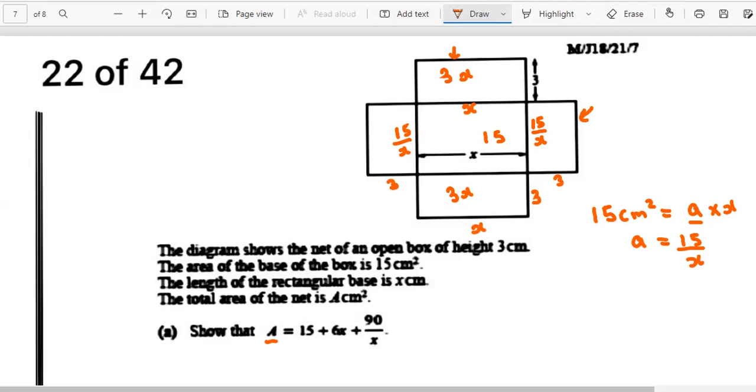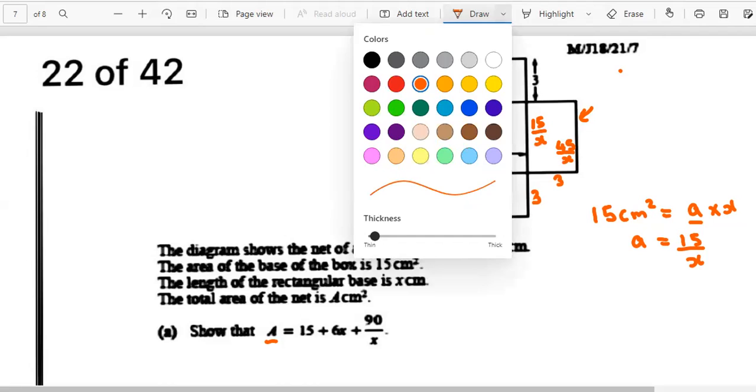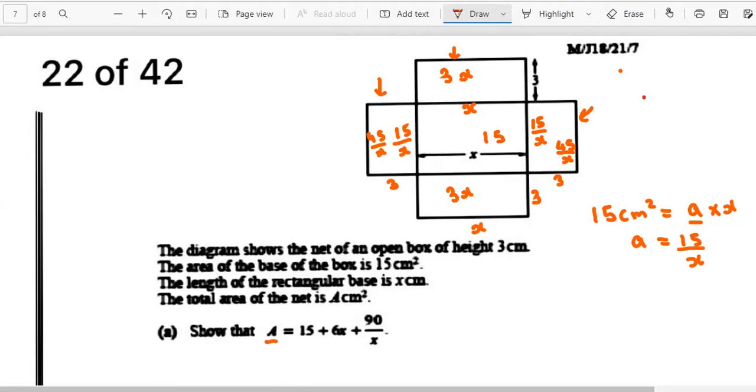So the area is going to be 45 divided by x, and the area of this side would also be 45 divided by x. I will use another color to point out the areas. This is the area, this is the area, this is the area, this is the area, and this is the area. I need to sum these up.